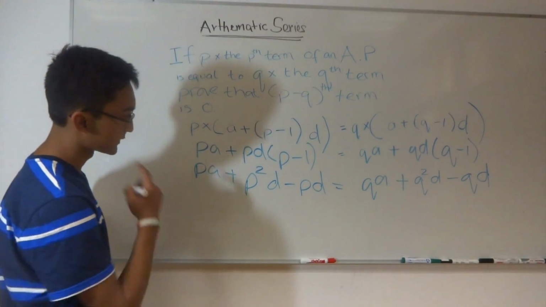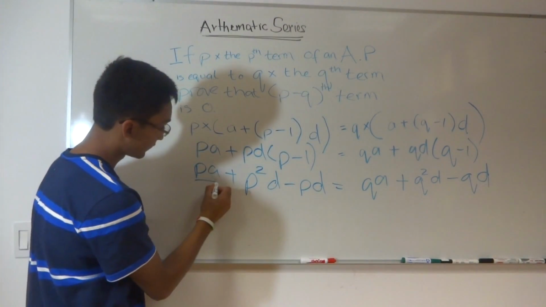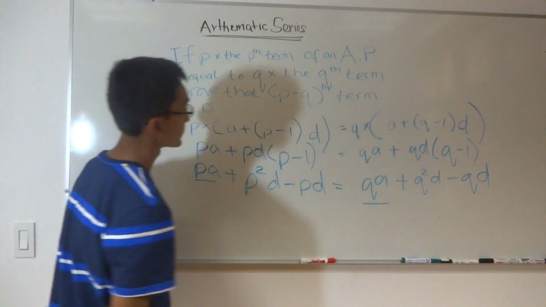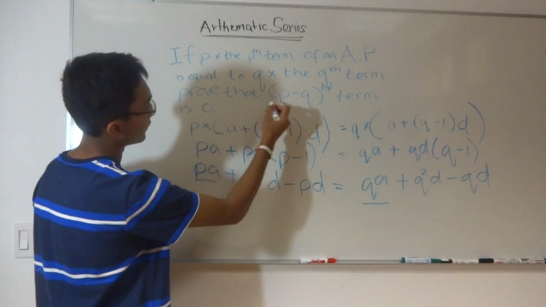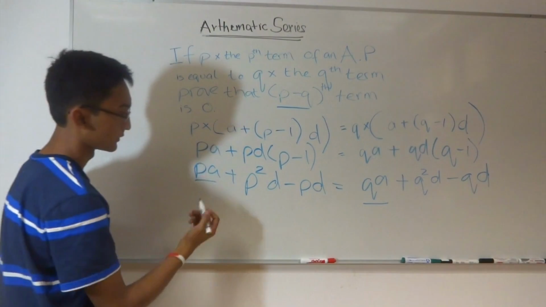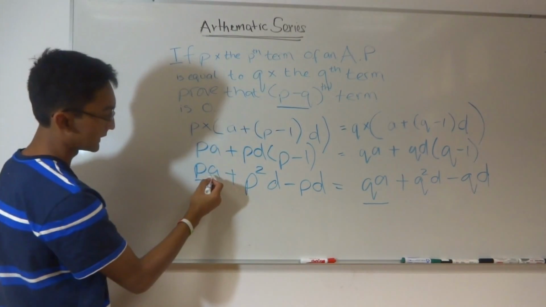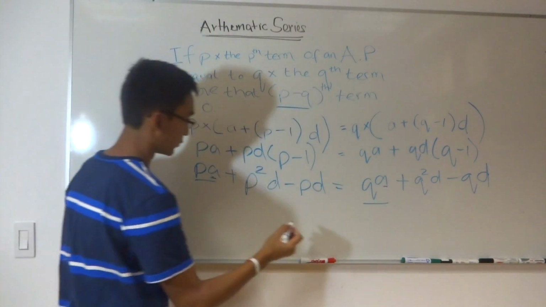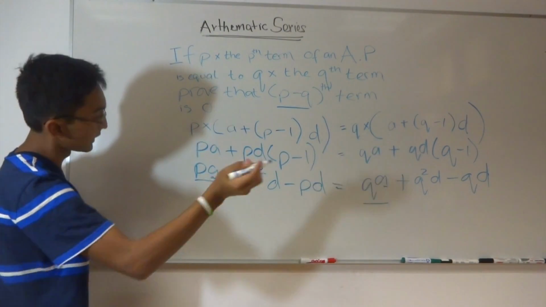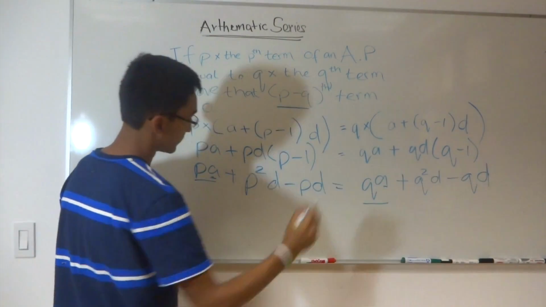Now what I would do is take this and this to one side, because remember, we want to prove that p minus q is determined. So if I take this to the other side, we could take a as common, and we'd have p minus q times a, and we'll take this to the other side.